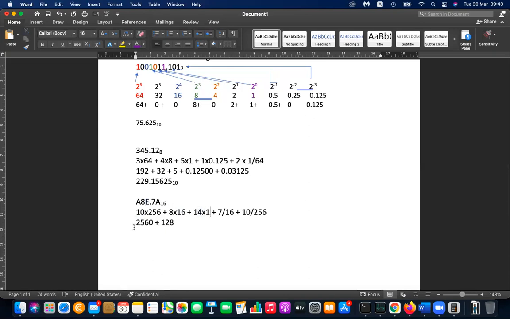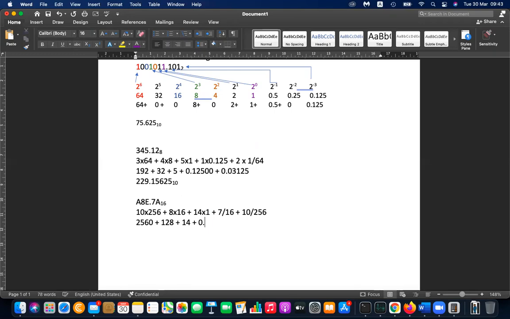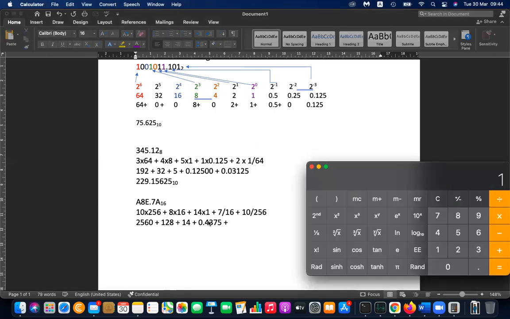So you have to add 2560 plus 128 plus 14, and plus this 7 divided by 16. I'm going to calculate this 7 divided by 16. So it is 0.4375. And here 10 divided by 256.